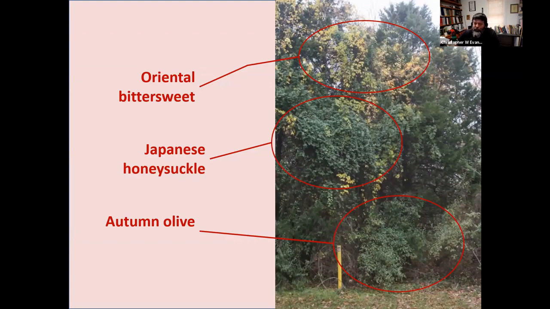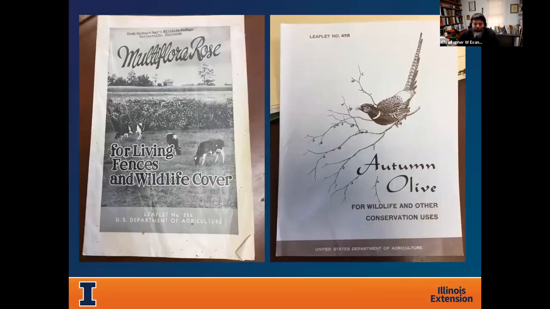I always like to start any talk on woody invasives with a little history, understanding where we came from with invasives and our changing thoughts about these. Historically we brought most of these over, we encouraged people to plant them, we spread them around, and we viewed their positive benefits, and you can't argue that they do have some positive benefits.